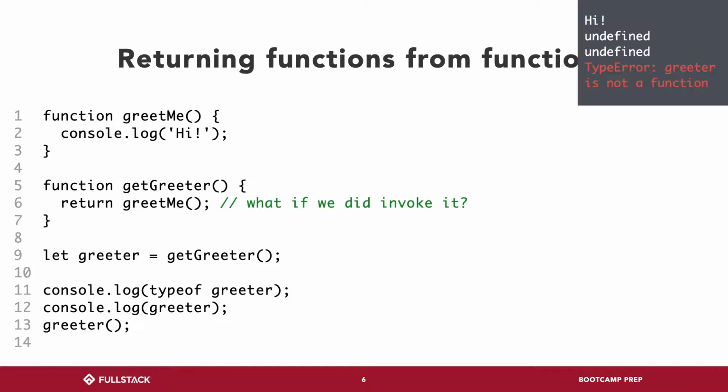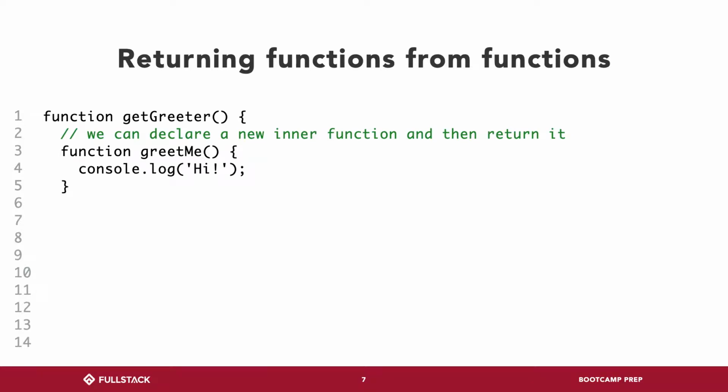Like .pop returns a value, right? But what if you don't invoke it? You would get the actual function pop. They're different, okay?